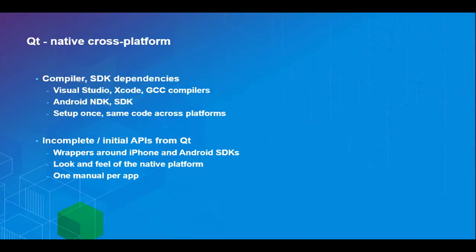And then incomplete APIs from Qt. I kind of already touched on this a little bit. Qt does just wrap into their own implementation the APIs that are delivered from the iOS iPhone SDK and Android SDKs. But there could be a few things that are maybe Android or iOS specific that they don't quite get at.